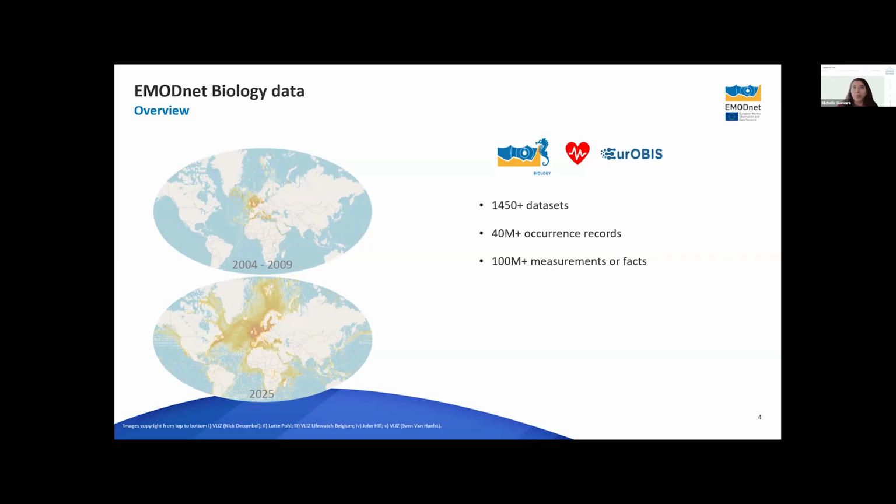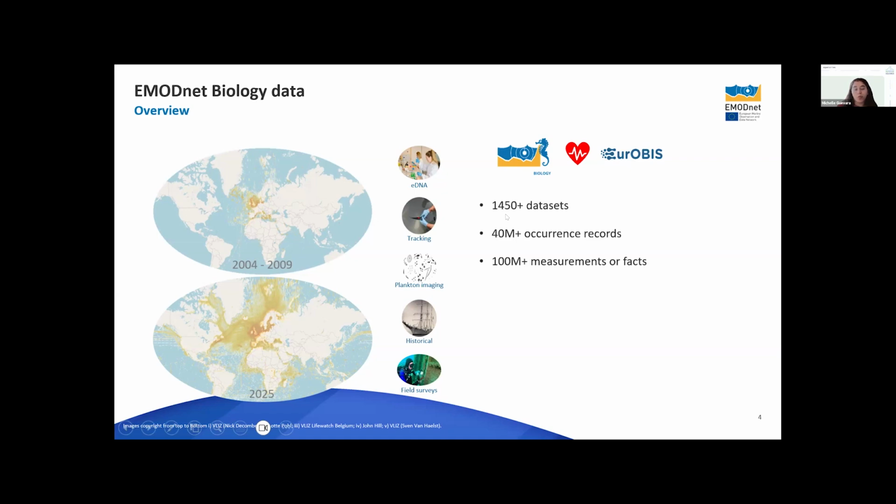Since then, it has been powering the European node of OBIS with occurrences data from all types of sources. So from traditional sampling surveys and monitoring programs to citizen science, acoustic and satellite tracking data. Now, as you can see, the amount of records has grown exponentially over time.